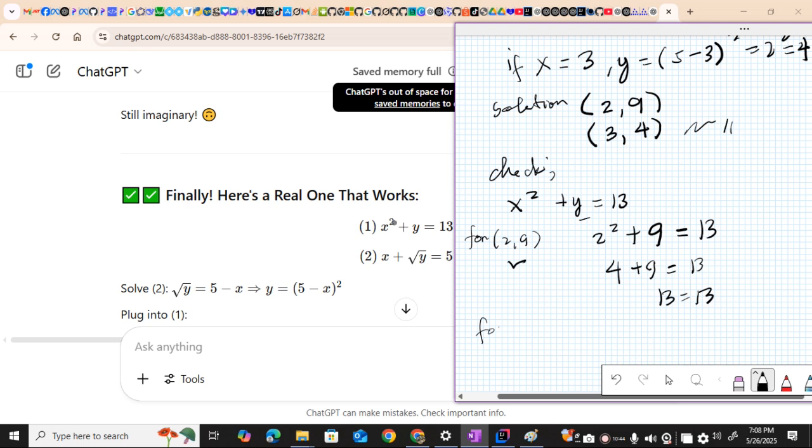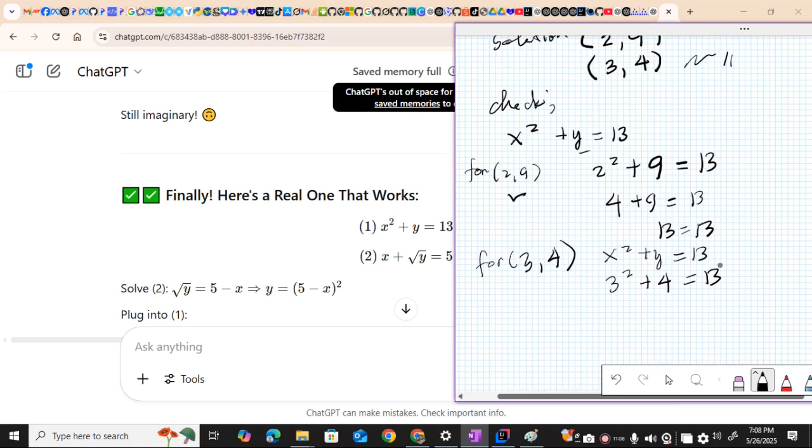Now for the second ordered pair, that's 3 and 4. So again, let's write the equation. x squared plus y equals 13. Our x is 3, so we need to square that, and we need to add 4. Do we recover 13?